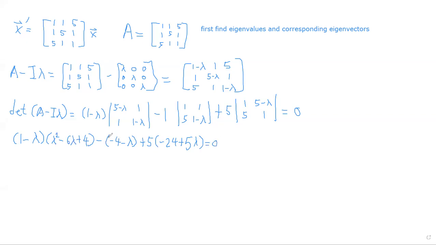Okay, when we expand this out, you get negative lambda cubed plus 7 lambda squared minus 10 lambda plus 4, plus lambda plus 4, plus 25 lambda minus 120 is 0.